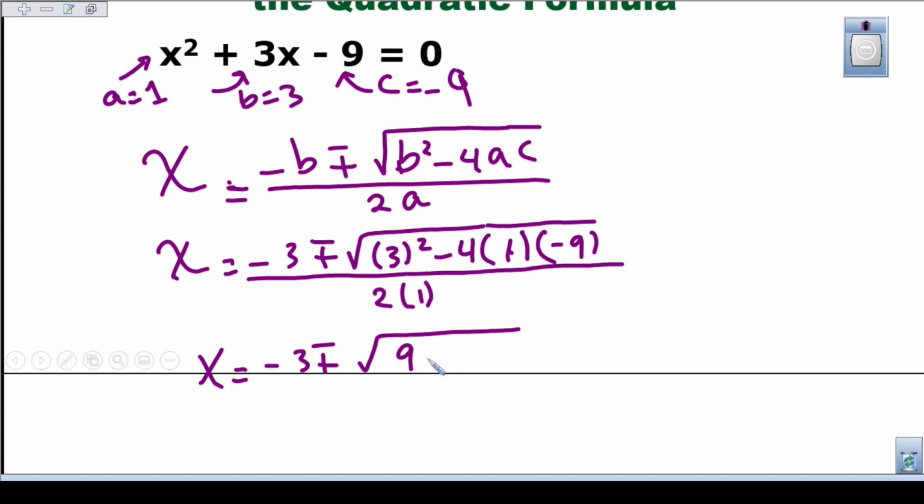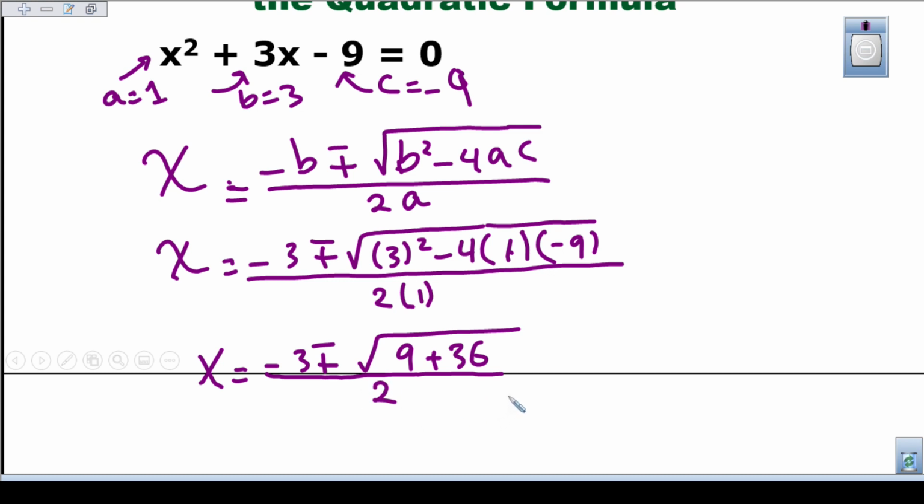9 minus, that's a negative 4 times negative. That's a positive, isn't it? Positive 36. 4 times 9. Divided by 2.